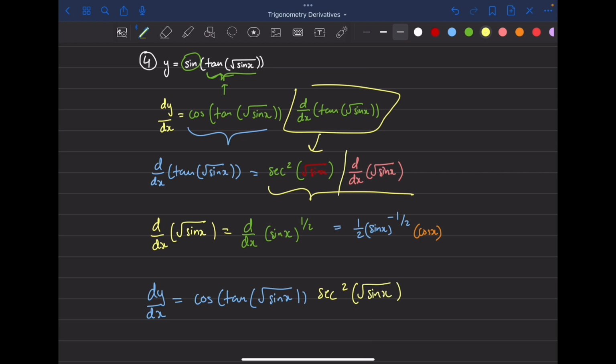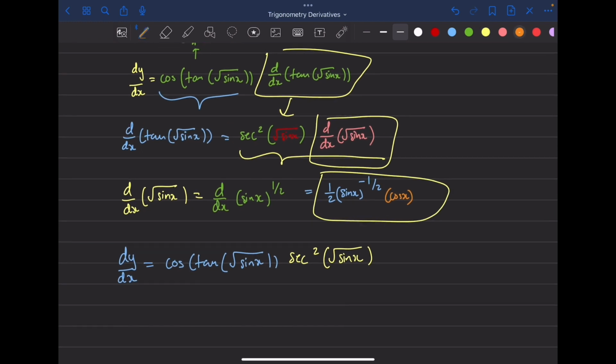Then once again, if you multiply by this, you're basically multiplying by what we found over here, so let's put the entire thing down there. So I'm going to put this in orange, but multiplied by 1/2 of sine x to the power of negative 1/2 multiplied by cosine x. Okay, and now we are basically done, because we have everything that we are required to have. You can leave this as an answer.